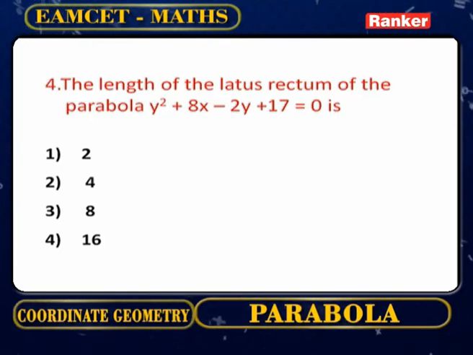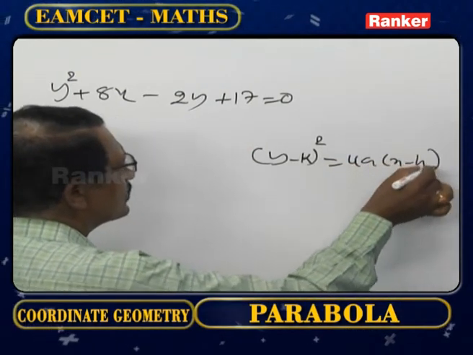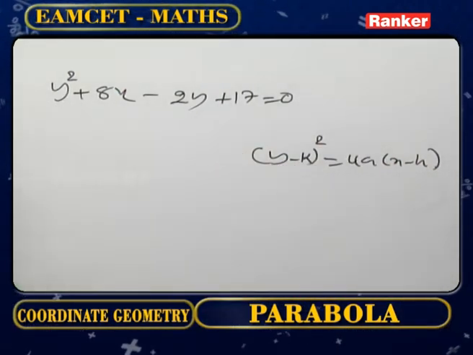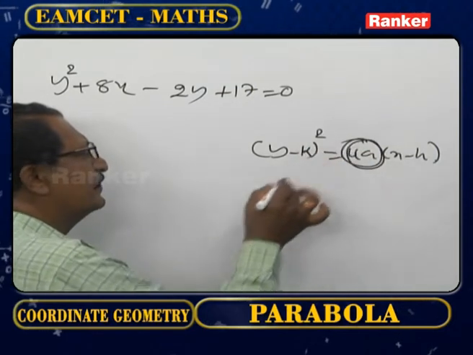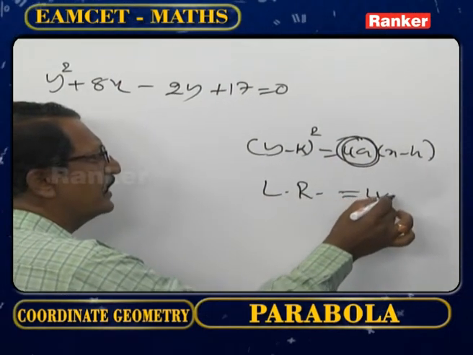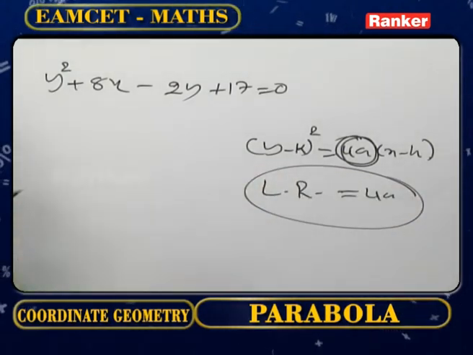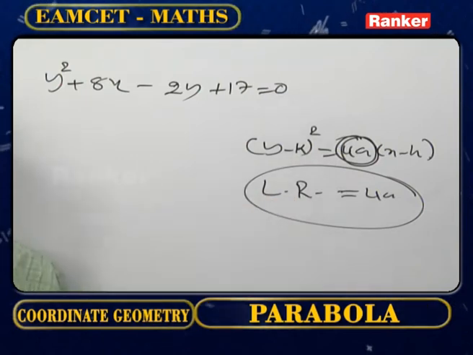If suppose this equation is converted in the form of (y minus k) whole square equals to 4a into (x minus h), then 4a is the length of the latus rectum. Length of the latus rectum equals to 4a. But converting the given equation in this form is a very lengthy process.